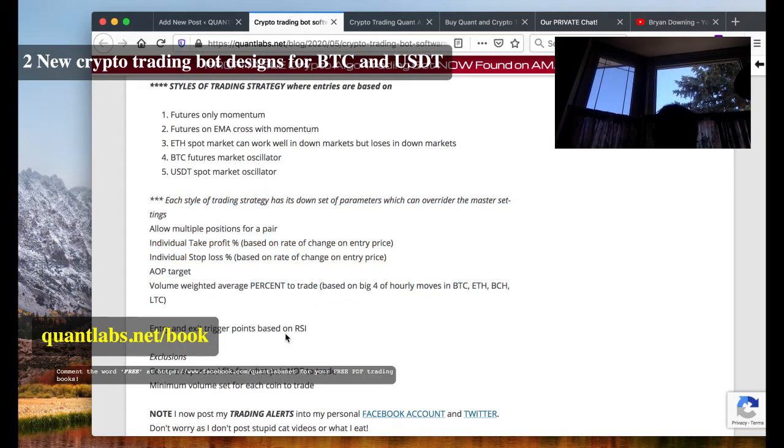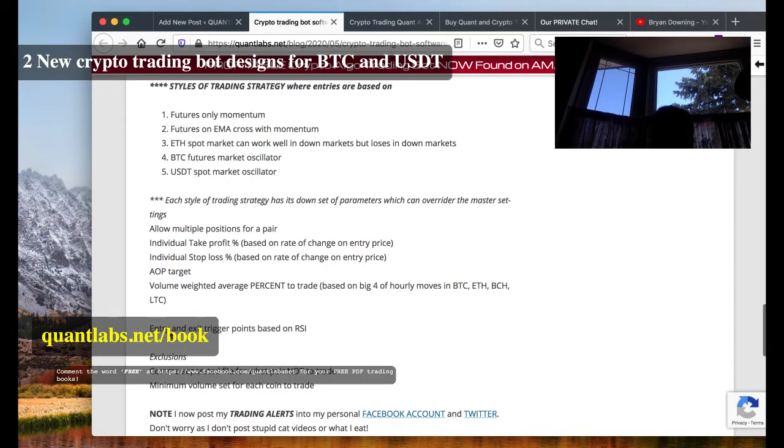Okay, so understand that. That's the universal metric that you will be able to depend on to tell you how the markets are moving overall, using this volume weighted average percent price based upon these big four: Bitcoin, Ethereum, Bitcoin Cash, and Litecoin. It's been pretty standard for the last 2 years.